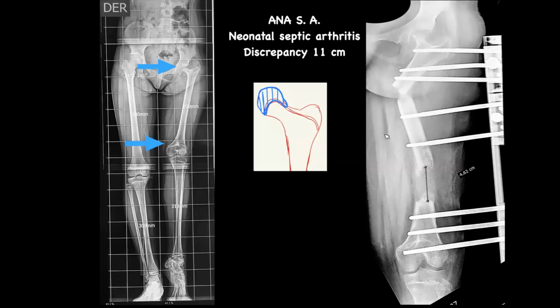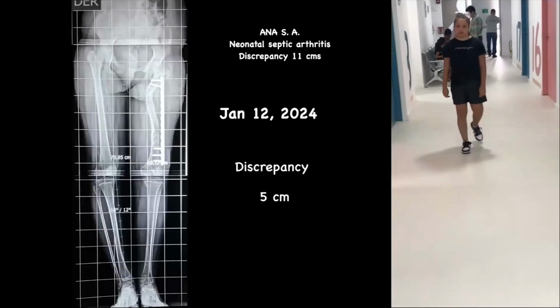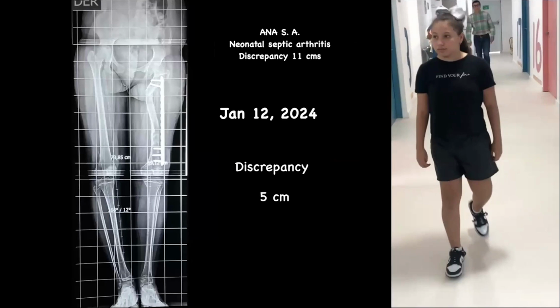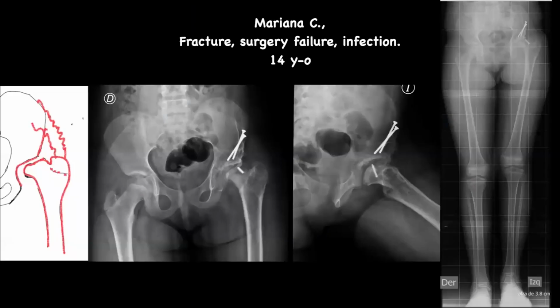So we now have a very tiny head, but it's not the head, it's the neck. We did a pelvic support and a lengthening, and you can see the lady now walking with correct alignment. The discrepancy is now not 11 but 5 centimeters, and she may need 2 more lengthenings because she doesn't have any physis in the femur.